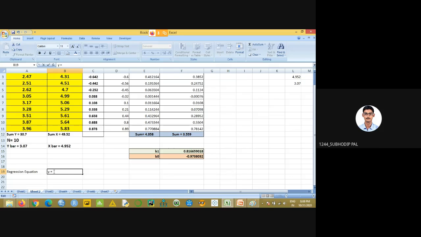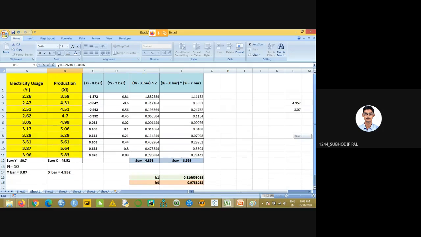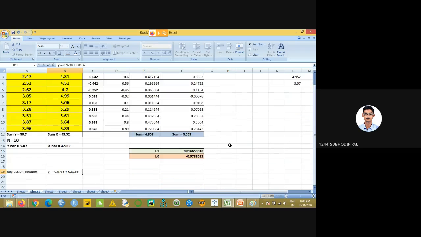B naught means minus 0.978, plus B1 x1, right? 0.8166. X1 means what? Production, right? What was the variable? Production only. This is my regression equation.